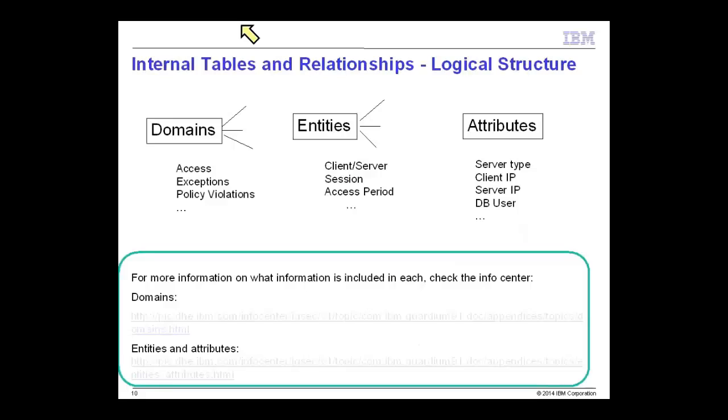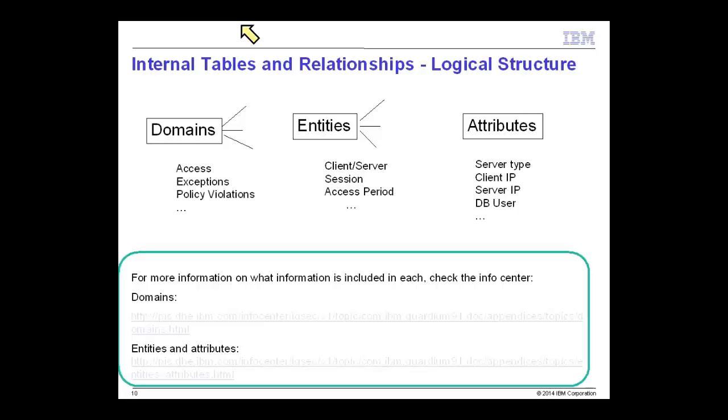Internally, every domain contains entities. These entities are, again, groups of information. They can represent a table in the internal Guardium database. As I said before, examples of domains are the access domain, the exception, and policy violations. There are others.